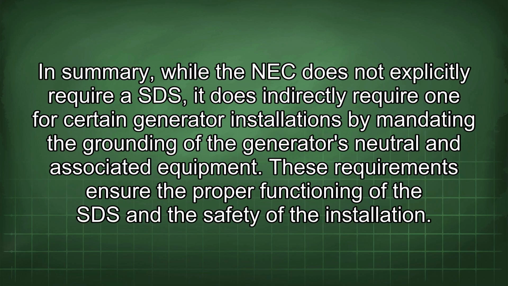In summary, while the NEC does not explicitly require a SDS, it does indirectly require one for certain generator installations by mandating the grounding of the generator's neutral and associated equipment. These requirements ensure the proper functioning of the SDS and the safety of the installation.